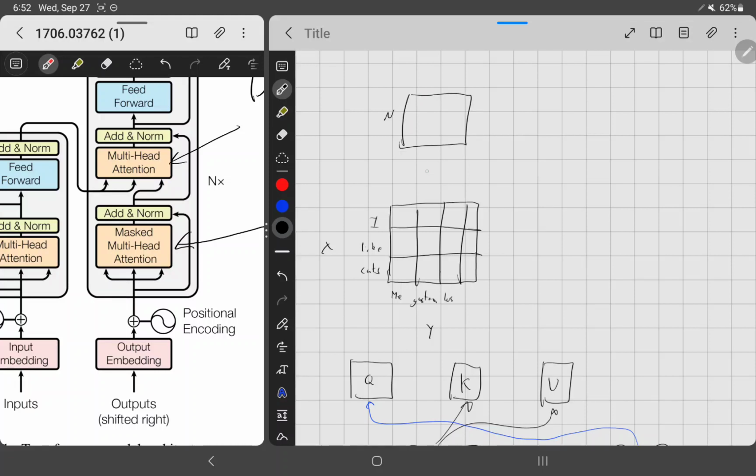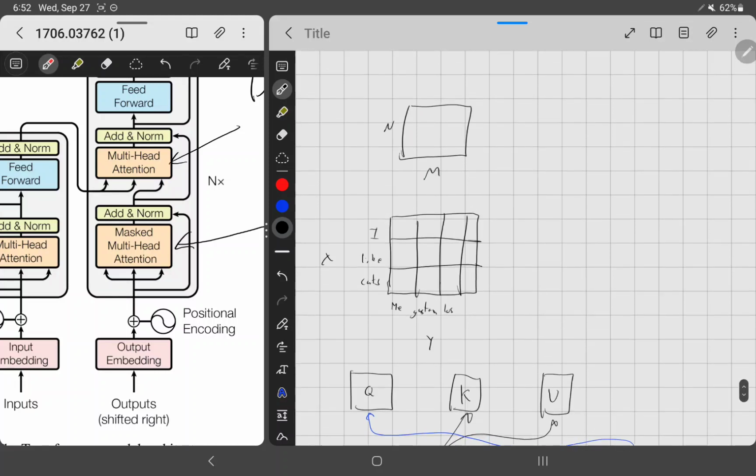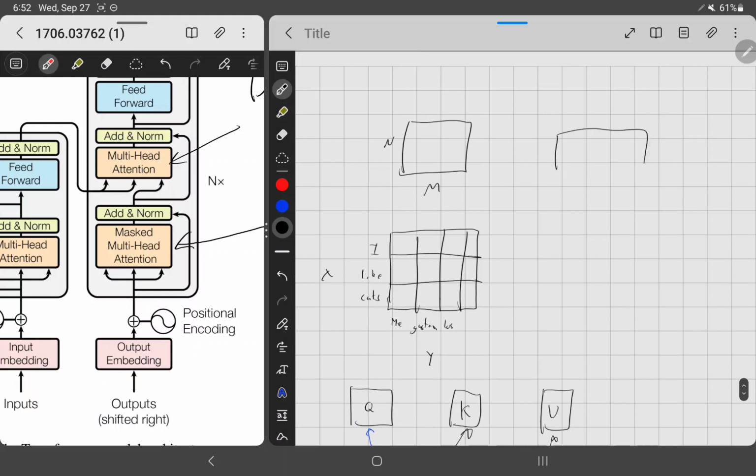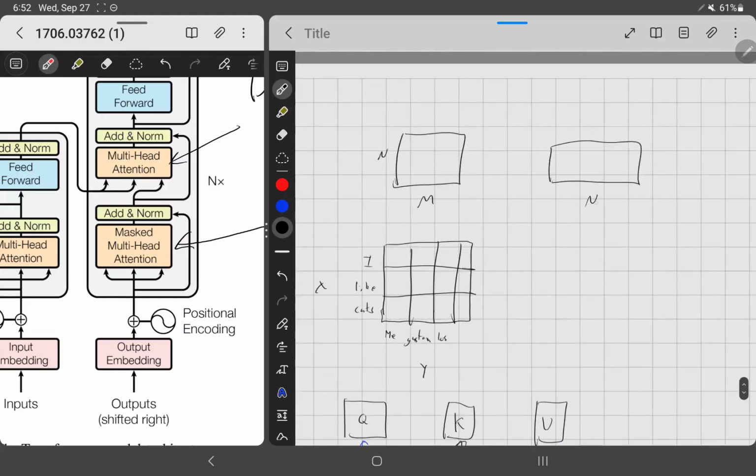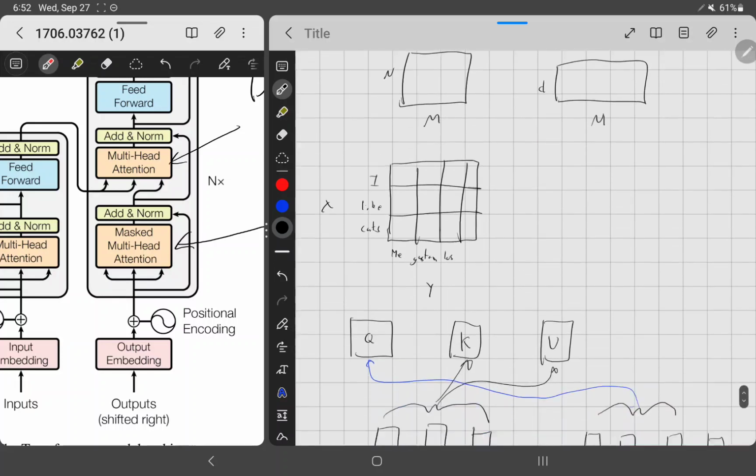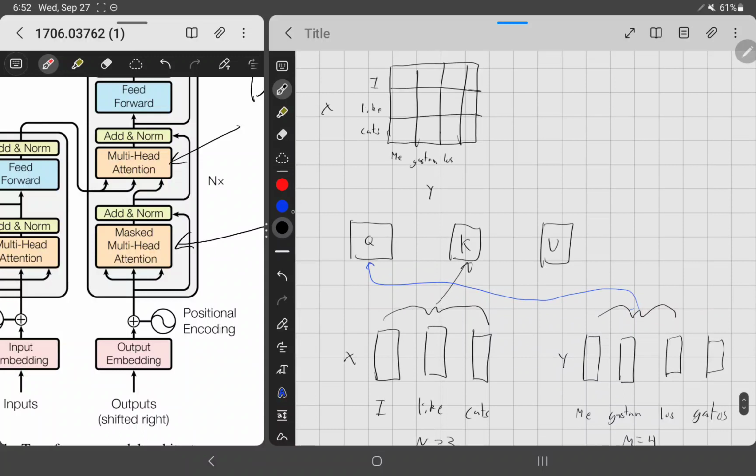So this would be an N by M matrix, and then your values will be M by D, and then you multiply along this M dimension. Yeah, I was right.